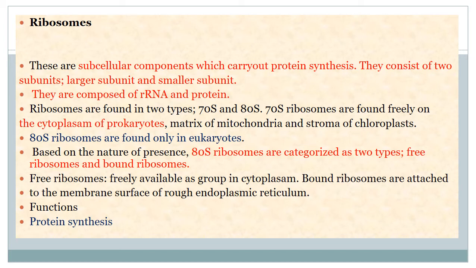Based on their location, 80S ribosomes are categorized into two types, free ribosomes and bound ribosomes. Free ribosomes are freely available as a group in the cytoplasm. Bound ribosomes are attached to the membrane surface of the rough endoplasmic reticulum, and their function is protein synthesis.